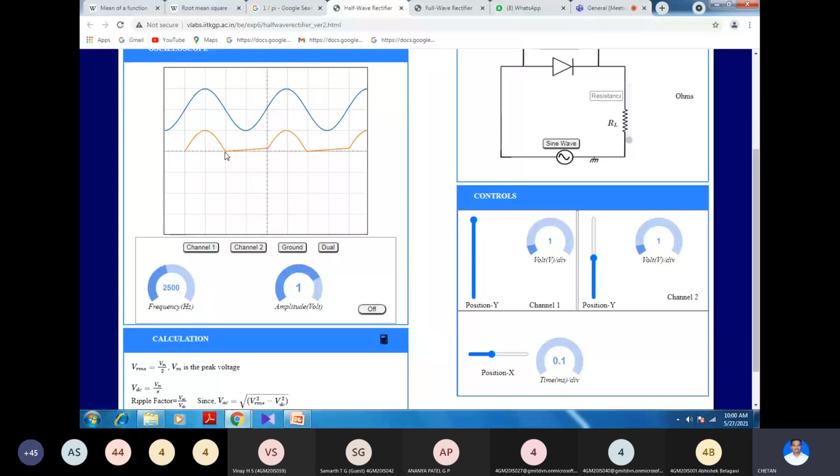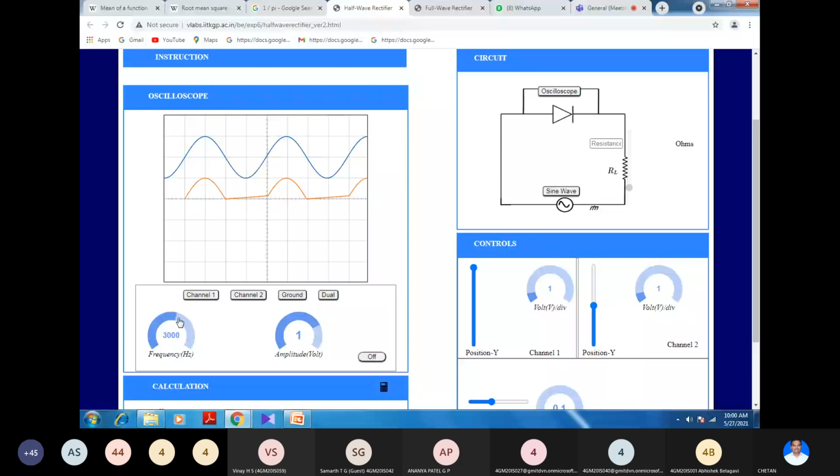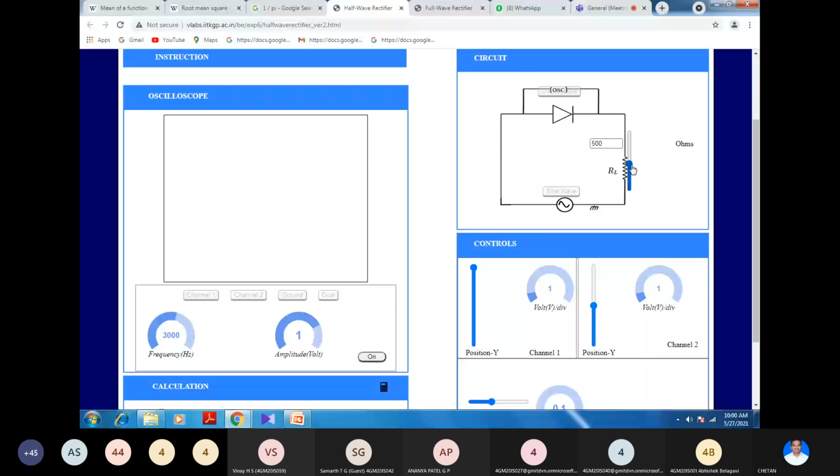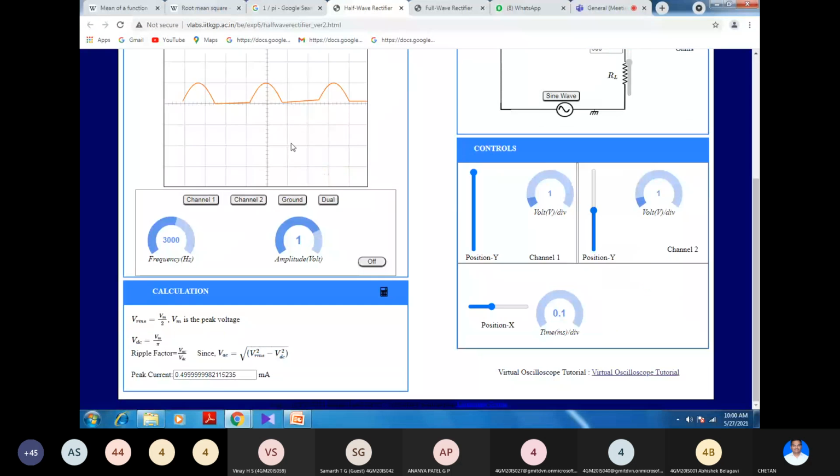During the negative half cycle, you don't get any output across the load. I hope this is clear. Is the waveform visible?